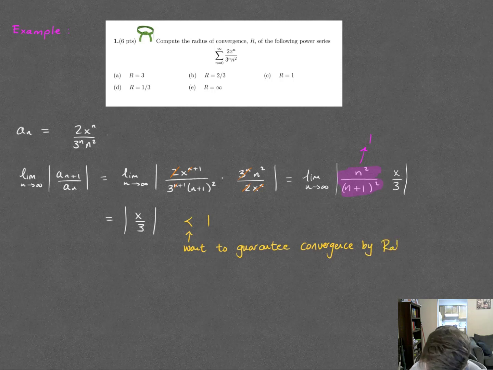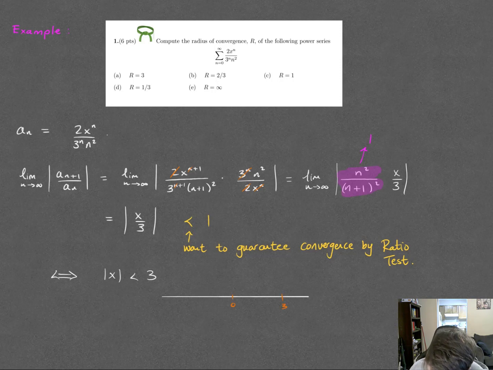Okay, so we want to see for what x this absolute value of x over 3 is less than 1. This is the same, if we multiply both sides by 3, as absolute value of x less than 3. So this means that it's going to work. If we draw the number line, we are centered at 0, all the way to 3 and all the way back to minus 3.